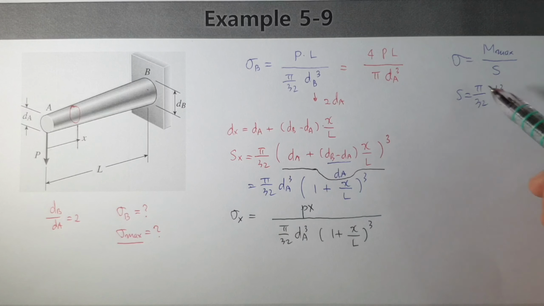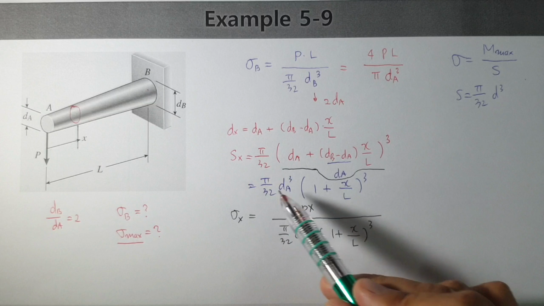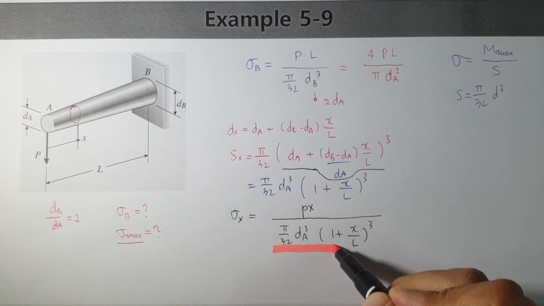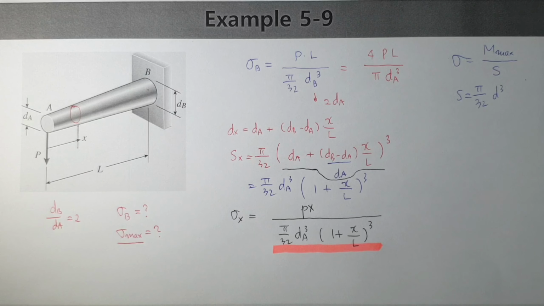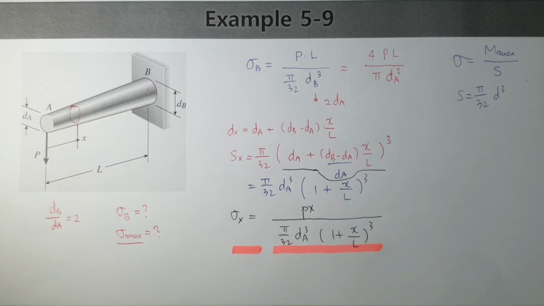We apply this kind of relationship, Px divided by Sx, and in this equation sigma x is changed like this one. And we want to calculate the maximum value of sigma x.